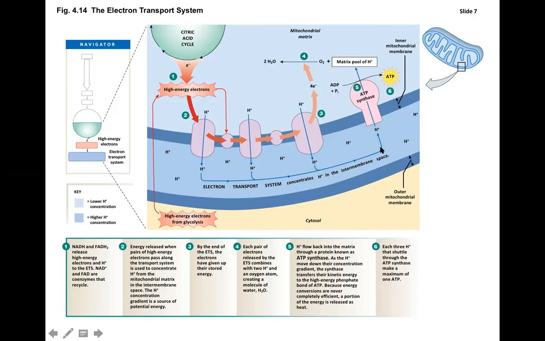And when that potential energy is converted to kinetic energy, that kinetic energy can get stored in the phosphate to phosphate bond of ATP. Okay, so that's how the majority of your ATP is made.